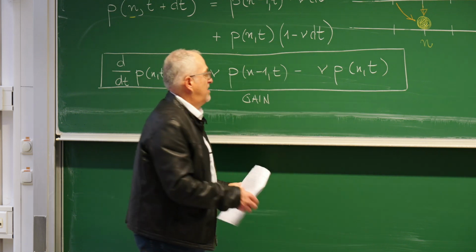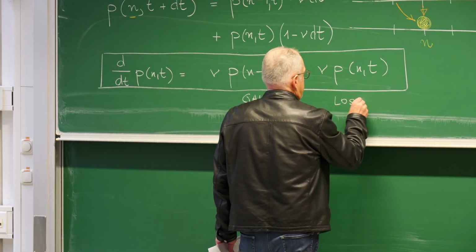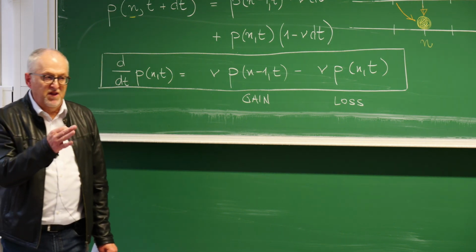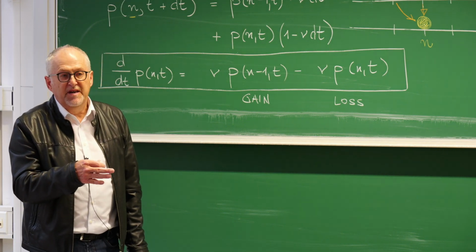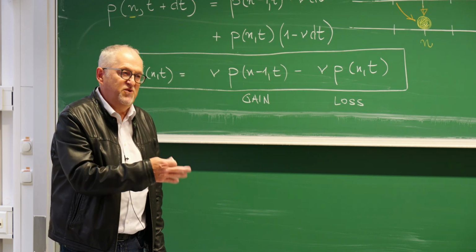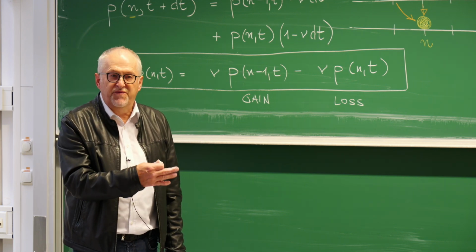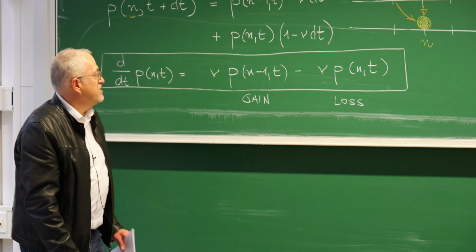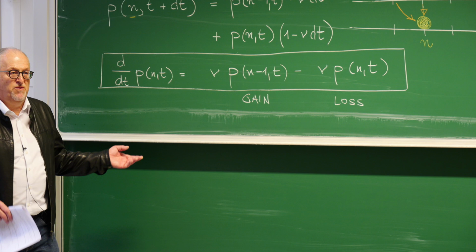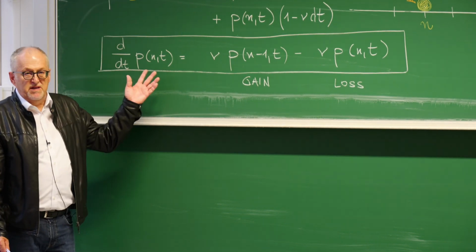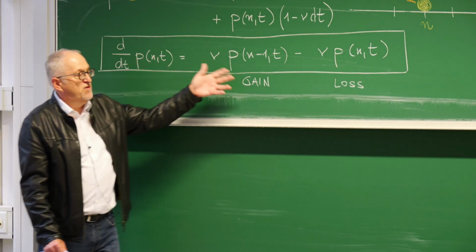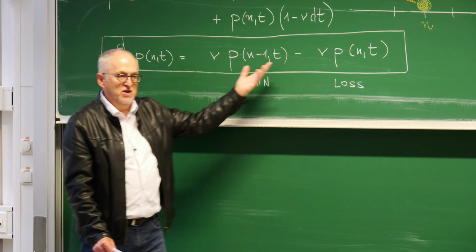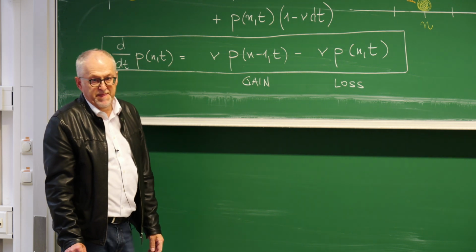Okay? That's the loss. And when you have now a more complicated problem, and we'll do several of those as we go through the lecture, you'll find yourself soon enough that it's quite intuitive for you to write down these kind of differential equations. Okay, so it's a gain-loss equation. It's a balance equation for the probability. The probability changes in time because you have stochastic processes that change the probability either by increasing or decreasing probability.